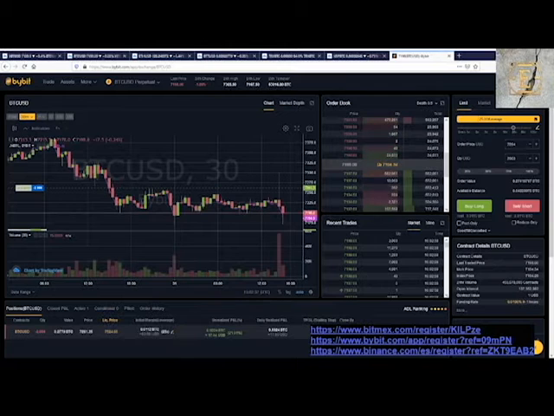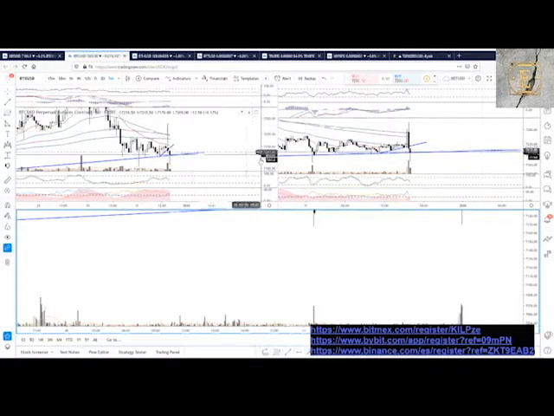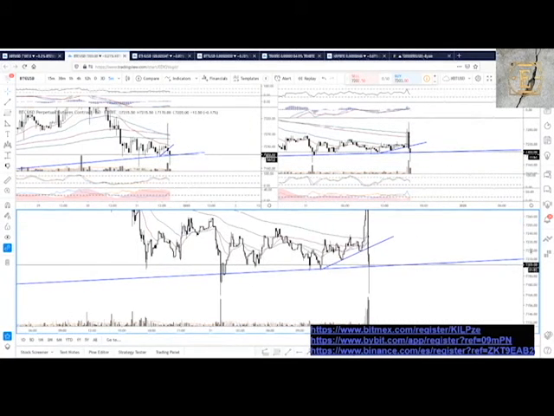Okay, and I have another trade open on BitMEX, not a huge one, but compared to this it's nothing. So this is only just explaining I don't like this rejection.